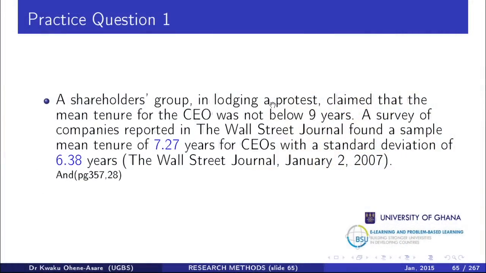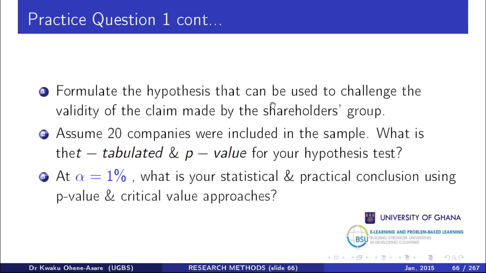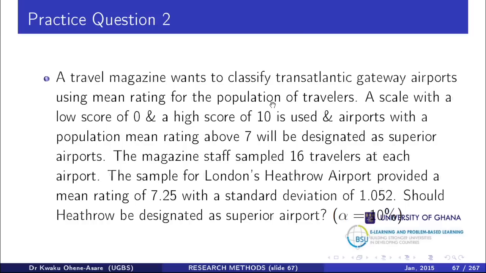I'm giving you practice questions when you get home. Practice it. A shareholders group lodging a protest claimed that the mean tenure of office of the current CEO was not below 9 years. You are now to use a story and formulate a step-by-step hypothesis. And these are the questions that go with that. Do that. The second one is a travel magazine. Practice it.